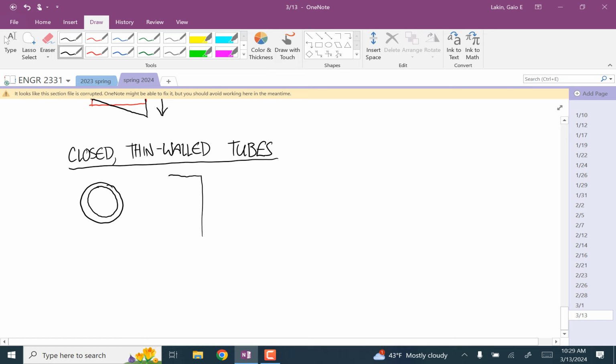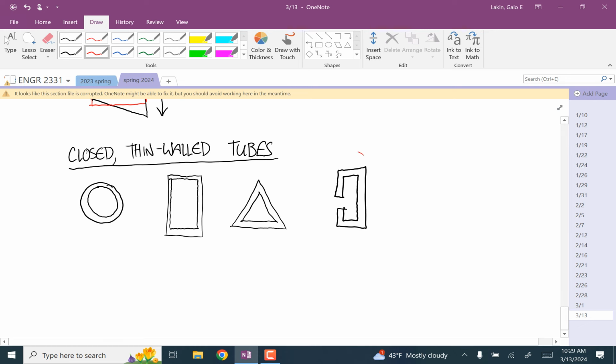We can do problems like this, where the thickness changes. We can do funky shapes. But what we can't do is shapes that don't connect. Okay, this is not closed.